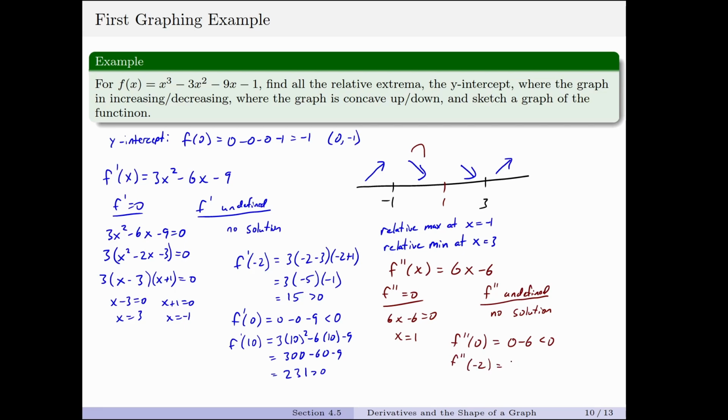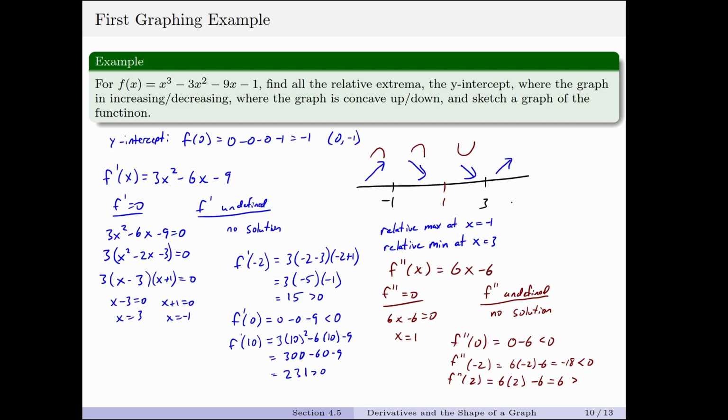If I plug in negative 2, we get negative 18, which is also negative, so the function is concave down. To the right of 1, I could plug in, say, positive 2. I'm plugging into the second derivative, so I have 6 times 2 minus 6, which gives me 6, which is positive. Positive number means that the function is concave up.